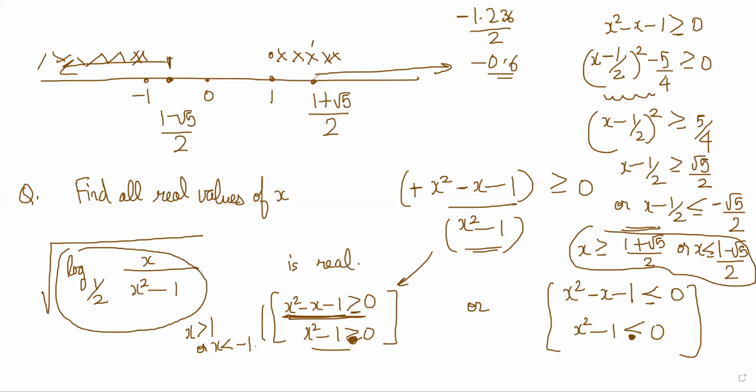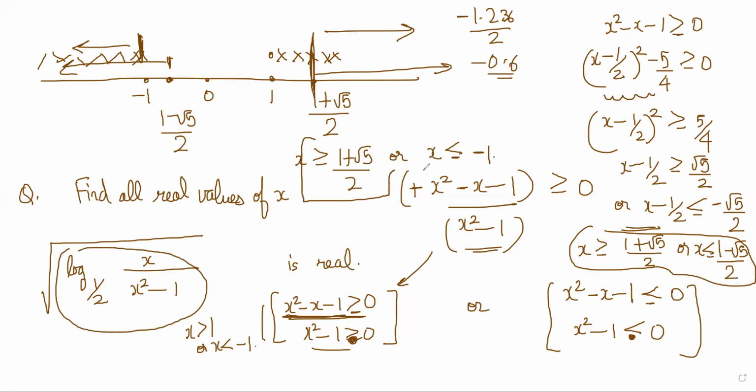So here the common intersection is this point onwards this side, and this point onwards this side. Both conditions are fitting. So we are getting x should be greater than 1 plus root 5 by 2, or x is less than or equal to minus 1, right? Yeah. So that is your solution for the first one.